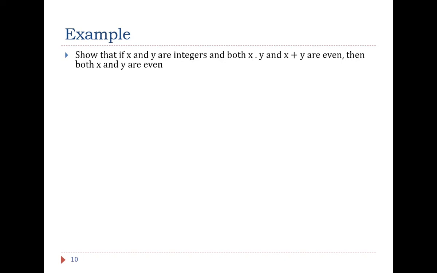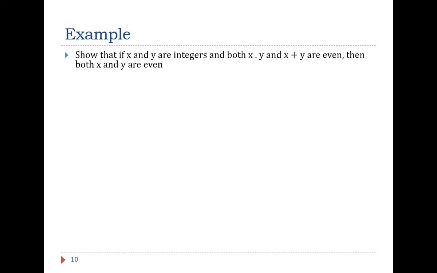How would you proceed? Yes, I agree that we can do it by contraposition. We imagine that x and y are odd, and then this must lead to the fact that either x times y is odd or x plus y is odd.